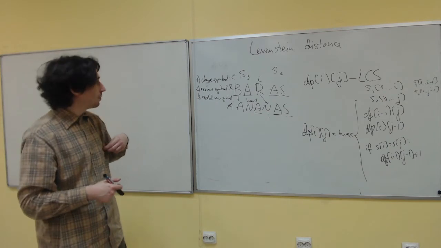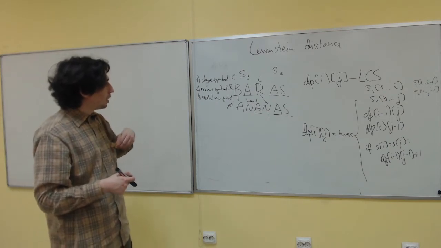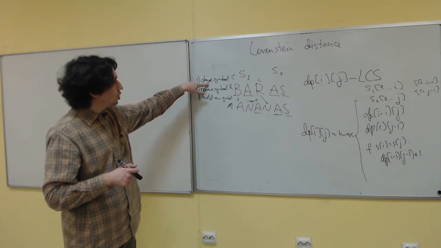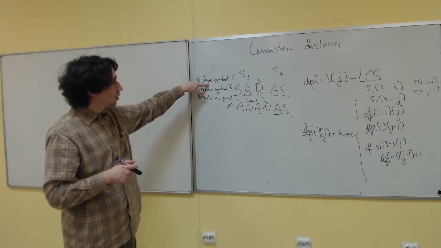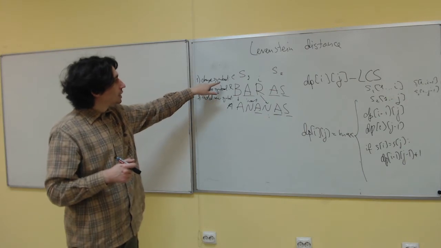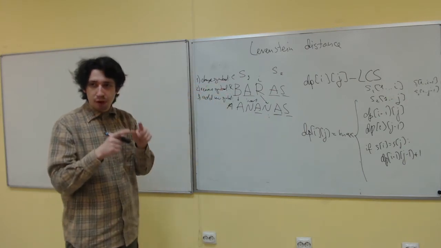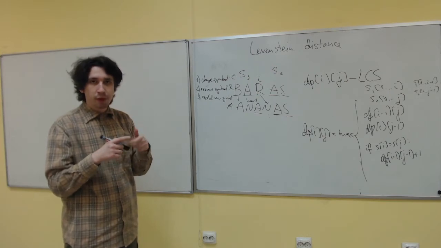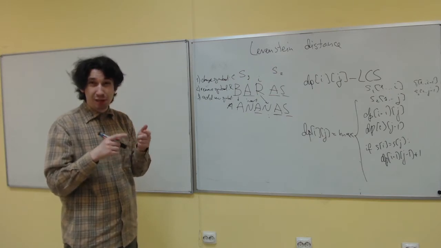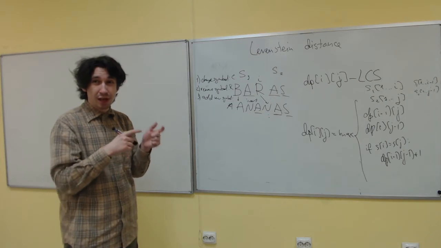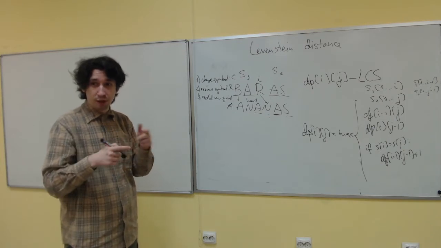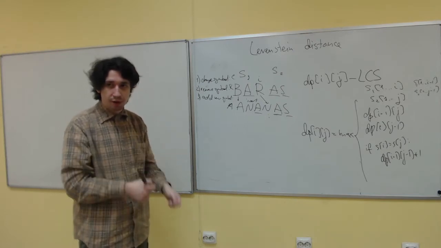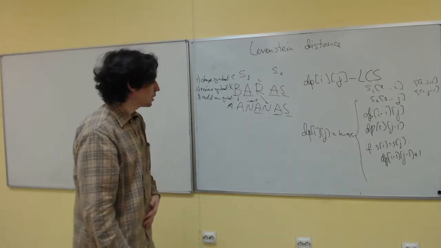Typically the change symbol also has a different cost for each pair of symbols, because in biology, for example, A to T is easier to get than A to G. G and C are cheaper, while other pairs are more costly.